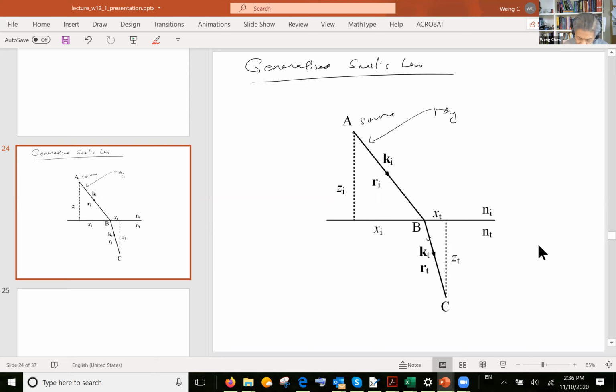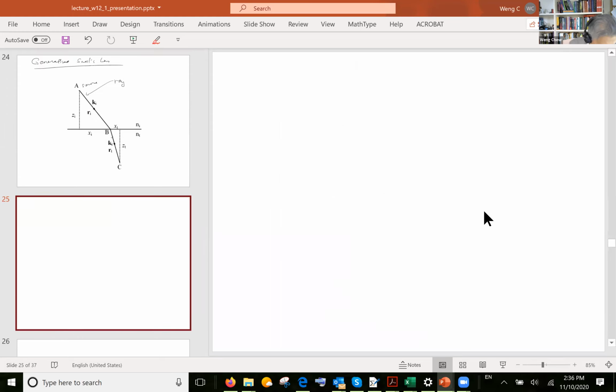So what you need to show then is that the phase delay or time delay, they are the same thing. One is in the time domain, the other one is in the frequency domain.